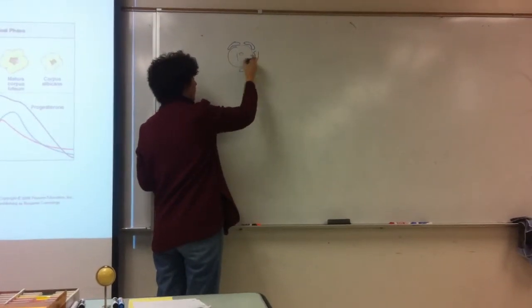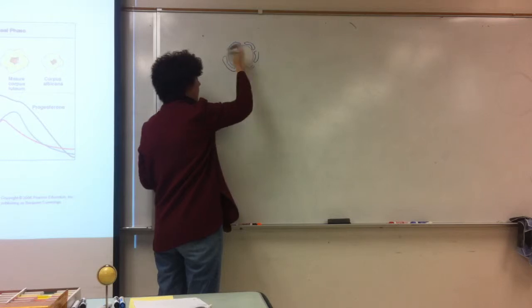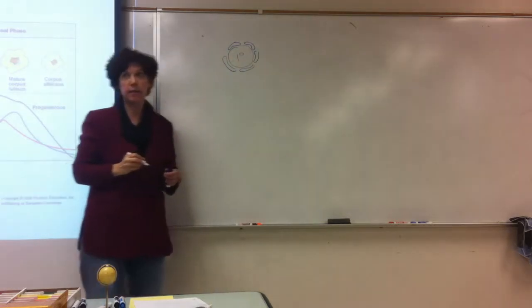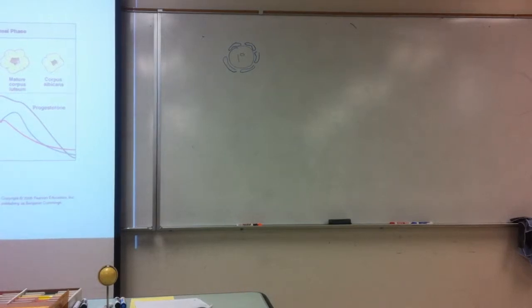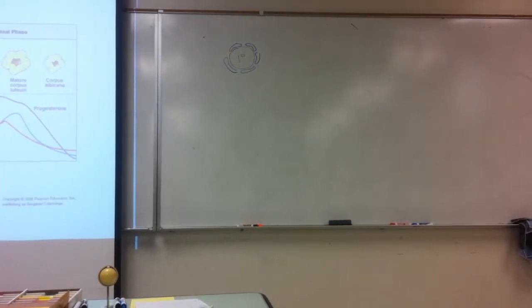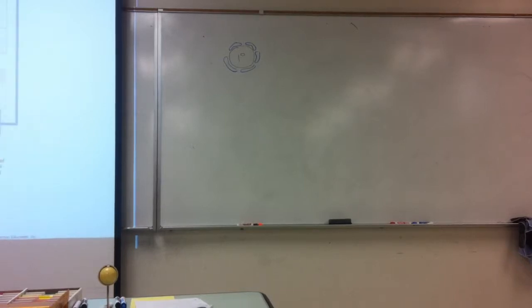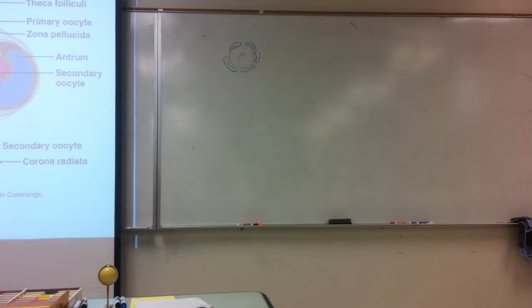So your textbook identifies this structure, this association between a single layer of flat follicular cells and the primary oocyte, as a primordial follicle.